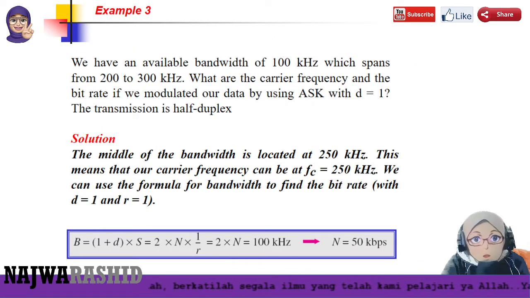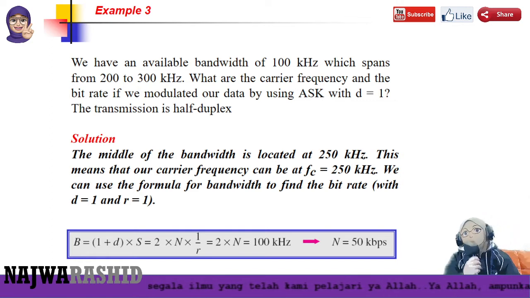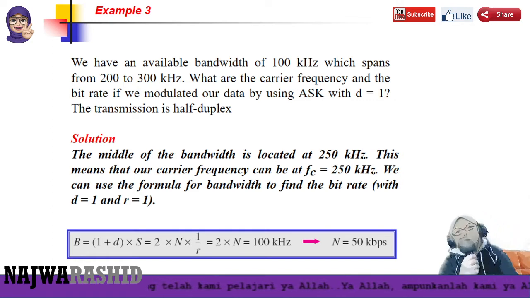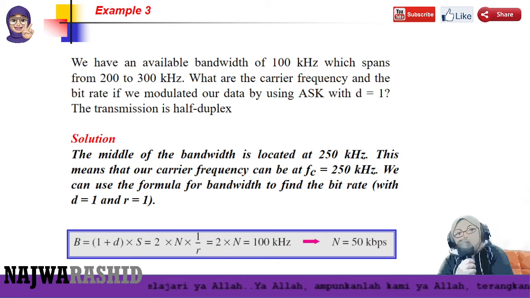Okay, example here: we have an available bandwidth of 100 kilohertz, which spans from 200 to 300 kilohertz. What are the carrier frequency and the bit rate if we modulate our data by using ASK? So that means here we want to modulate the data into the signal using ASK with D equal to 1, and the process of transmission is half duplex.